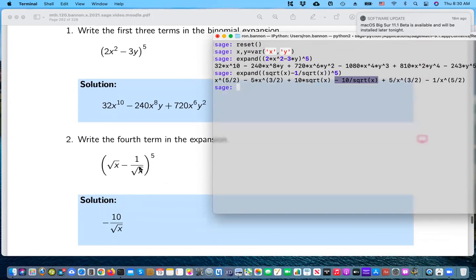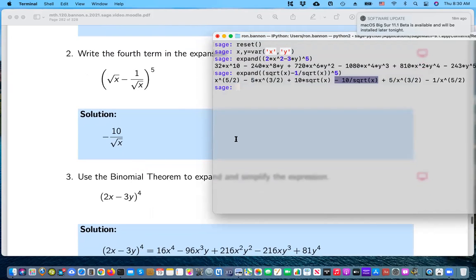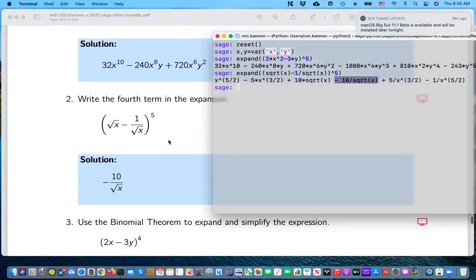Again, we'll do these problems by hand. All right, let's do this one over here. Again, it's another expansion problem. These are simple problems, ones that you can do by hand. What's that going to be? 2 star x minus 3 star y raised to the 4th power.